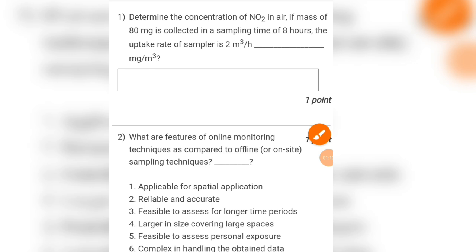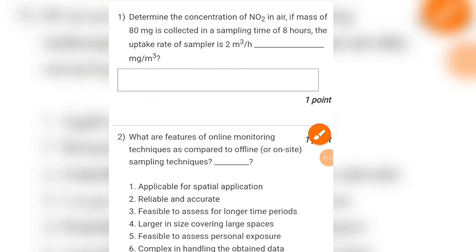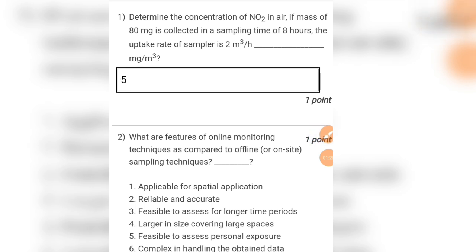So 80 upon 16 will be calculated and we will get 5. Okay, so the correct answer for question number 1 will be 5 mg per meter cube.